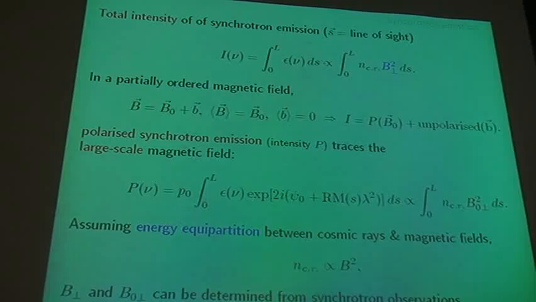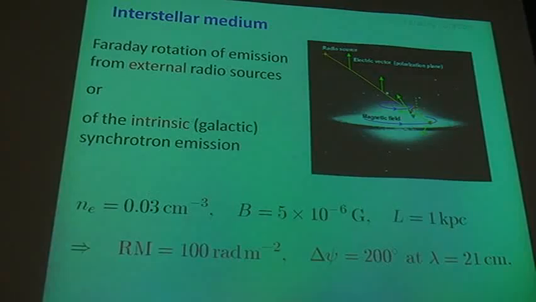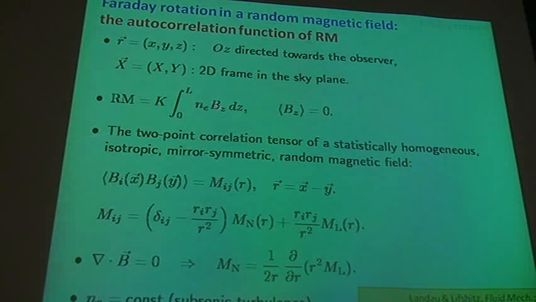One is sensitive to the magnetic field in the plane of the sky, the other along the line of sight. So we have observables which are sensitive to all three components of the magnetic field. The only difficulty here is, if RM is a good variable, and it is sensitive to the sign of the magnetic field, Bz itself.